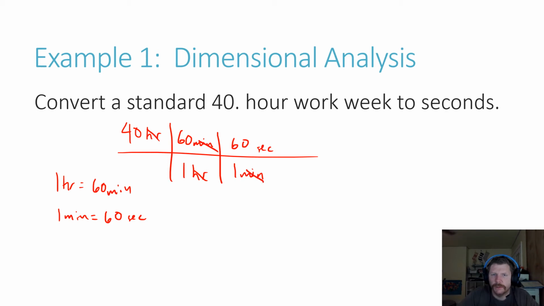Minutes, we're going to cancel one another out, and we're done. 40 times 60 times 60 equals 144,000. And I'd rewrite that as 1.4 times 10 to the, that would be 1, 2, 3, 4, 5, times 10 to the 5th. Okay, there we go, that's good.